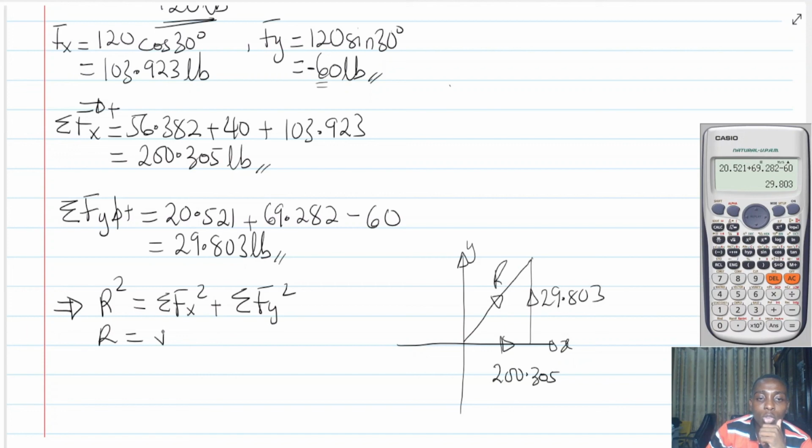So the resultant is going to be the square root of the x component, which is 200.305 squared plus 29.803 squared.